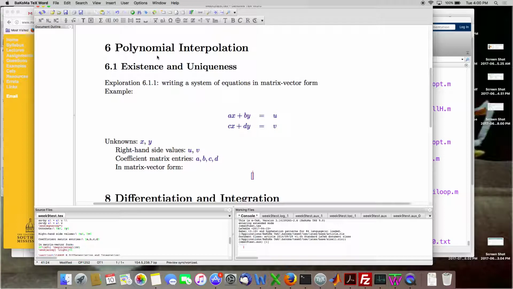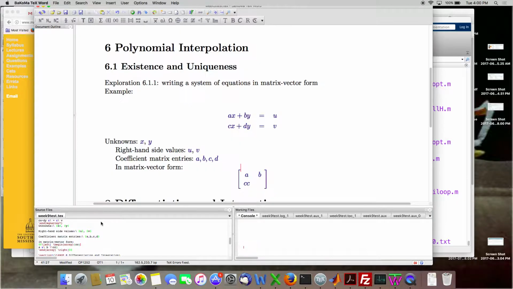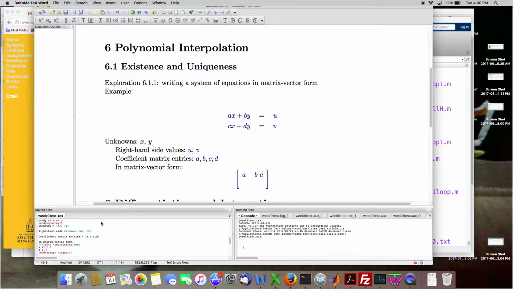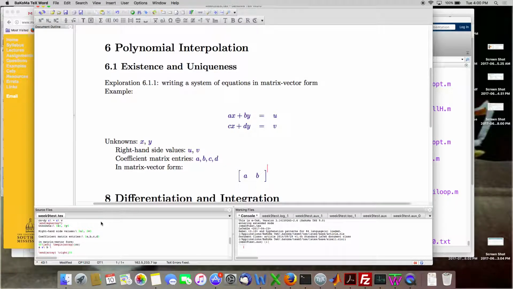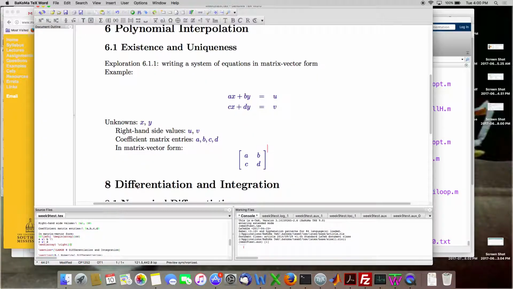We'd have the coefficients from the first equation, a and b, and the coefficients from the second equation in the second row, c and d. That's the coefficient matrix of the system. And then we'd have vectors for everything else.